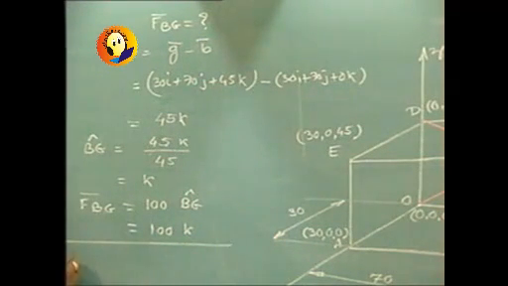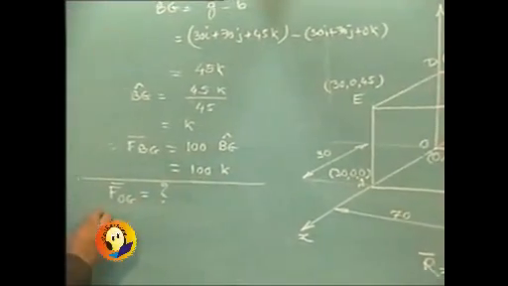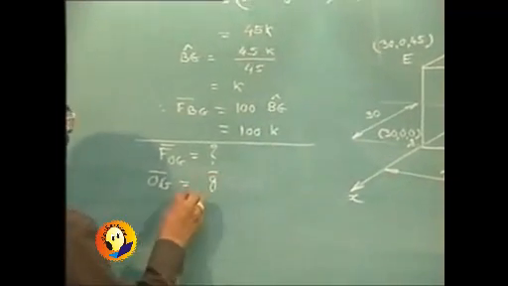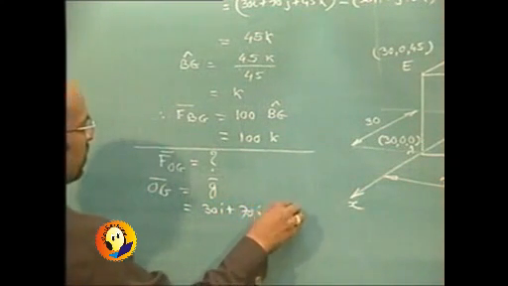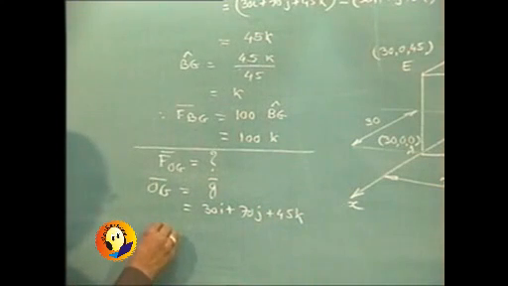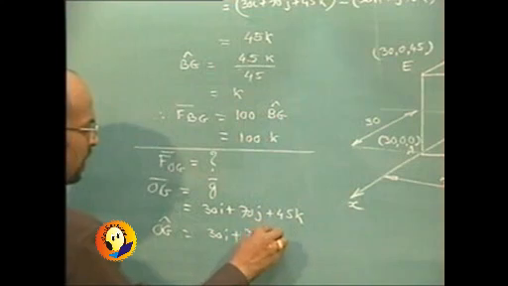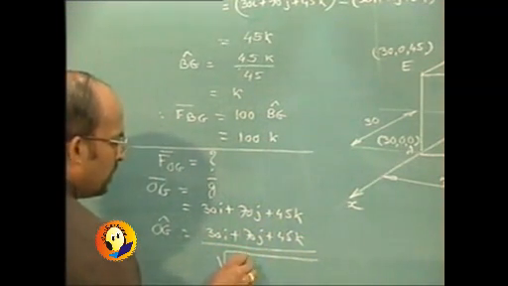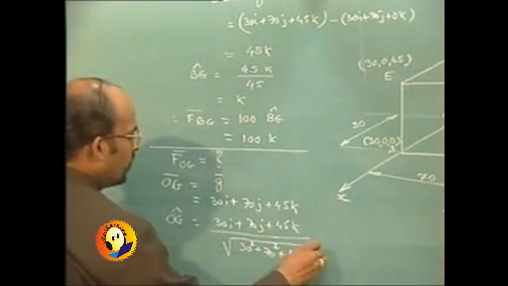To determine F_OG bar, it will be OG bar that is to be found out, and OG bar is simply G bar, which will be 30i plus 70j plus 45k. Therefore OG cap will be 30i plus 70j plus 45k upon square root of 30 squared plus 70 squared plus 45 squared.